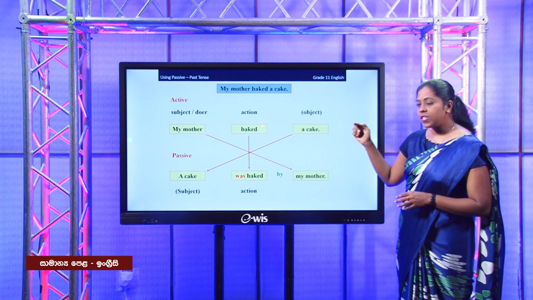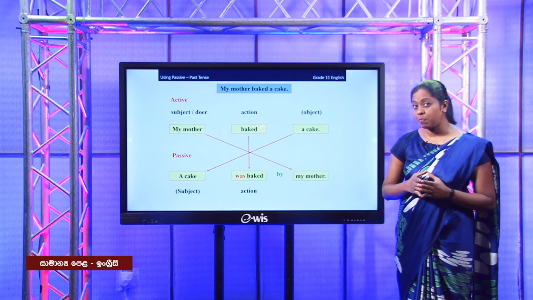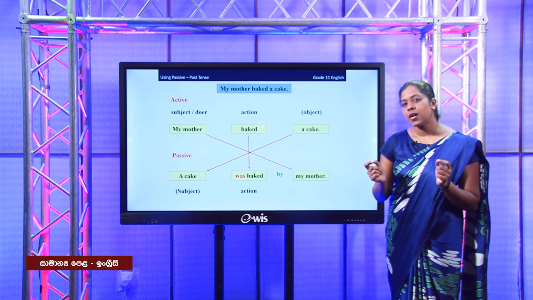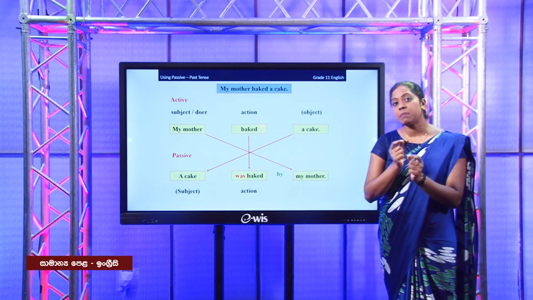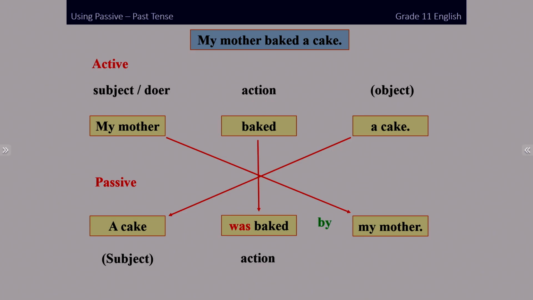Now, the first step of changing active into passive is to change the subject and the object positions. Look at the object here, a cake. We are moving that into the subject position, right? So, the new subject of our passive sentence is a cake. And then what do we do?